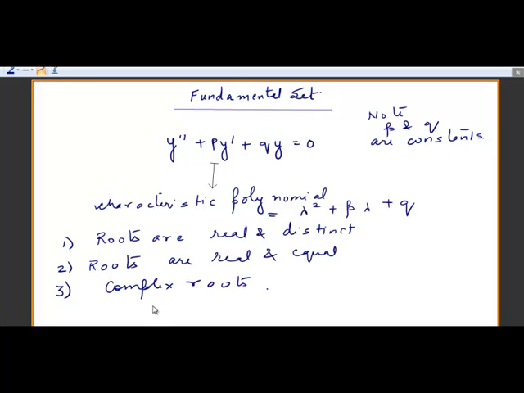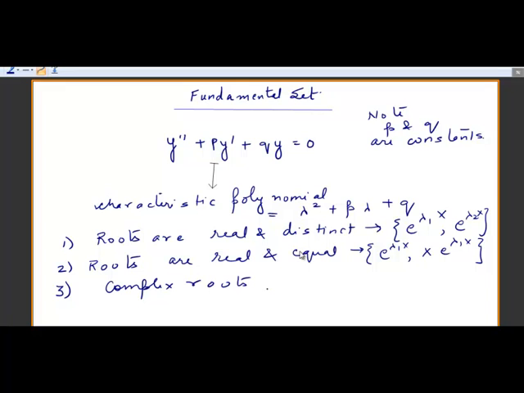So let's see through an example how we will deal with each of the situations. We have to find the fundamental set associated to each of them. So in this situation, our fundamental set will be e to the power lambda 1 x, e to the power lambda 2 x, where lambda 1 and lambda 2 are roots. In this situation, it will be e to the power lambda x and x times e to the power lambda x, and I will illustrate this very soon.